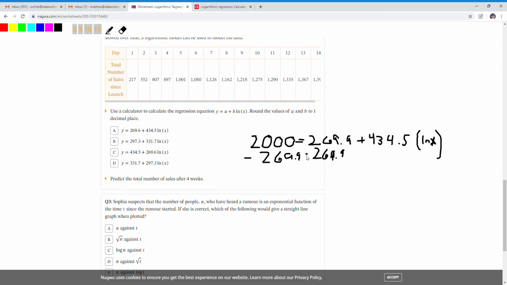So we get 2,000 minus 269.9, which gets us 1,730.1. And then that's going to leave us with the 434.5 ln x. Since the 434.5 is multiplying the logarithm, we are going to go ahead and divide it out.